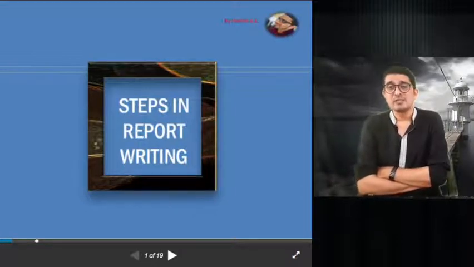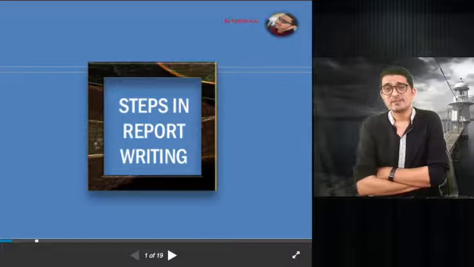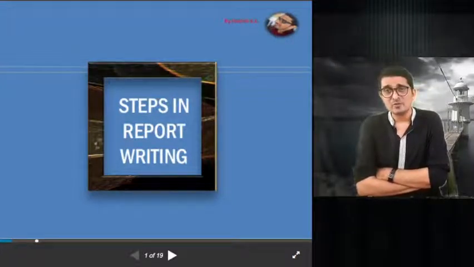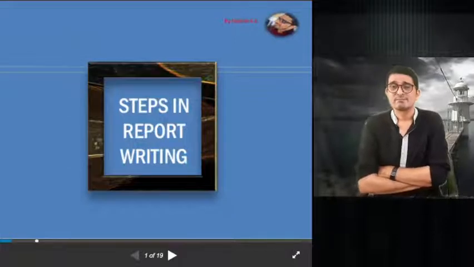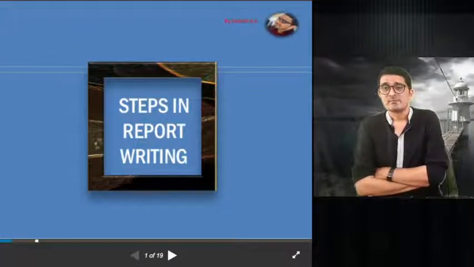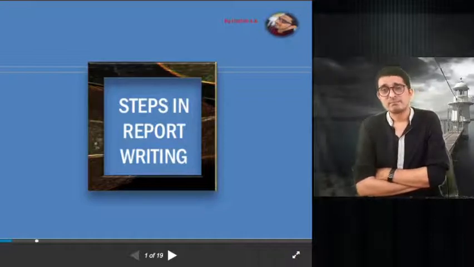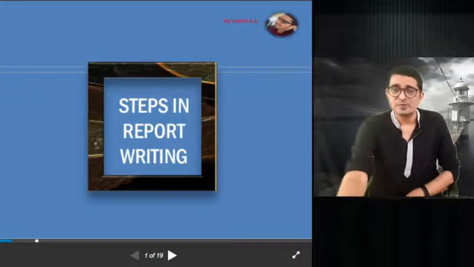Then the data collection has been done. The teacher clarified the doubts of the students. The teacher helped in collecting data. And now the student has to write the report.